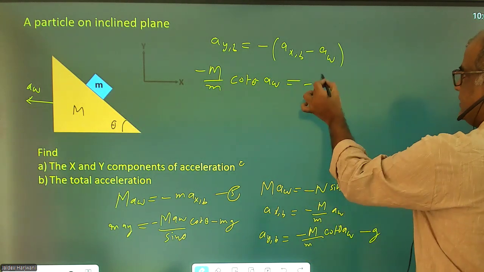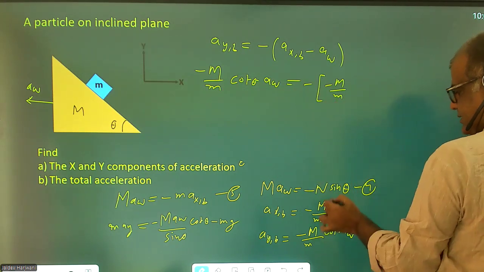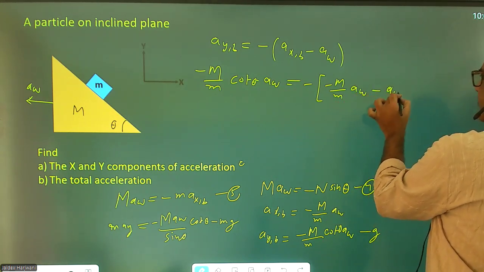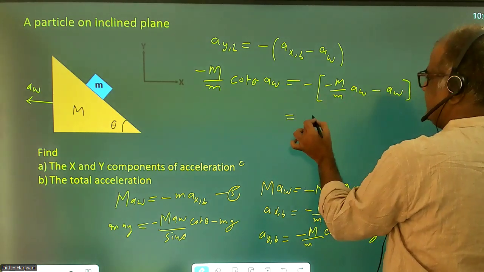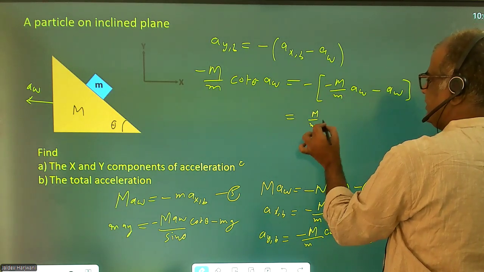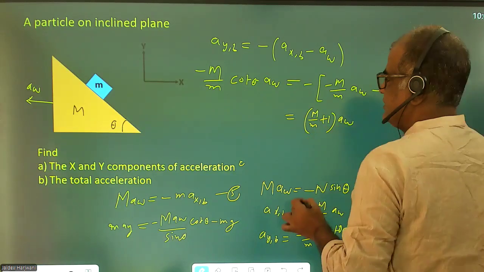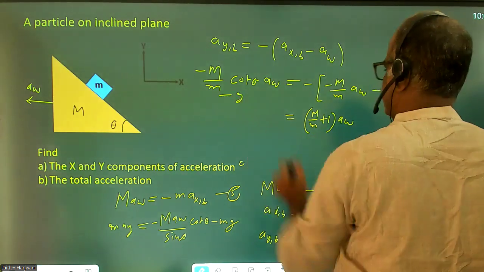So this is minus m upon M a of wedge, and this minus will be cancelled. So this will be only m upon M plus 1 times a wedge. And here you have m cot theta minus g also.